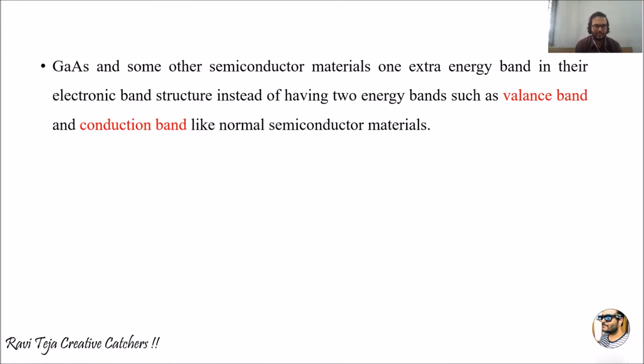Now gallium arsenide and some other semiconductor materials have one extra energy band in their electronic band structure instead of having only two energy bands. Generally, we have two energy bands, the valence band and the conduction band, like normal semiconductor materials. But in this particular Gunn effect, in the gallium arsenide energy band, we will have one more extra band apart from the valence band and conduction band.